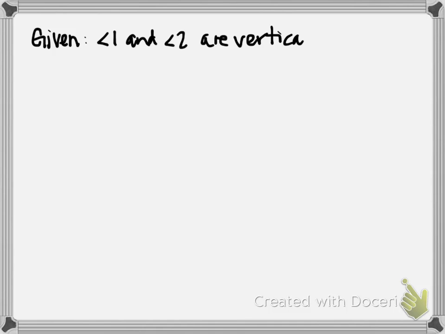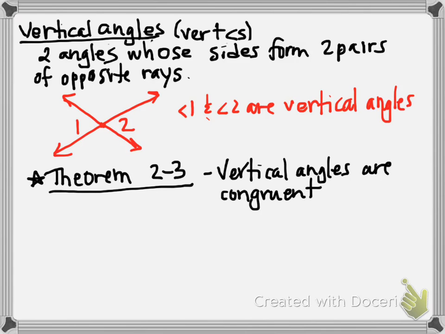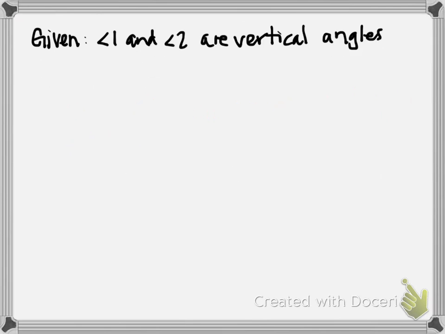So, remember with proofs, we have a given, and the given is angle 1 and angle 2 are vertical angles. So if you think back to that theorem, it wasn't written in an if-then form. It just said vertical angles are congruent. So if I were to write it in an if-then statement, it says if angles are vertical, then they are congruent. All right, going back here, that's our given.